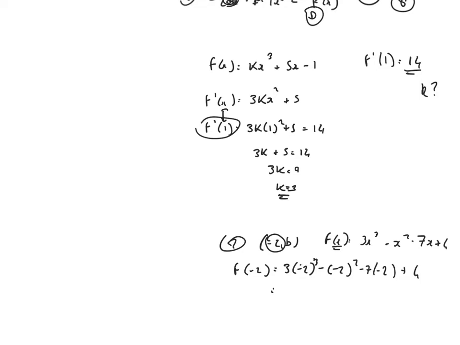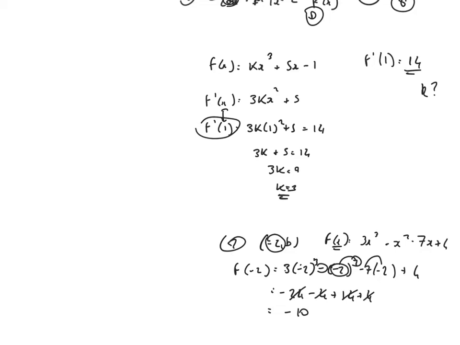Minus 2 cubed is minus 8, times that by 3, and that's minus 24. Minus 2 squared is 4, and there's a minus in front, so that's minus 4. Minus 7 times minus 2 is plus 14, and then a plus 4 at the end. Minus 24 minus 4 is minus 28, minus 28 plus 14 is minus 14, minus 14 plus 4 is minus 10, so b equals minus 10.